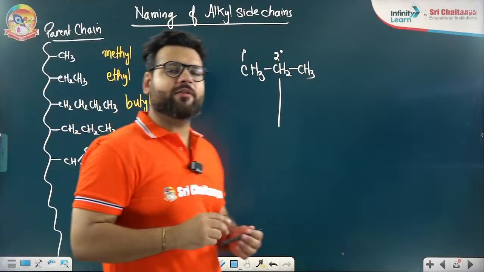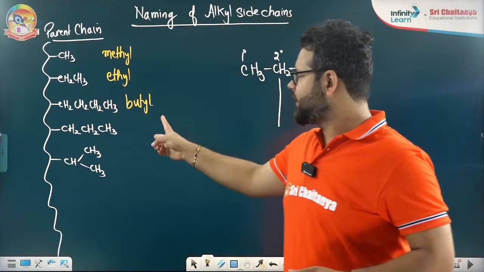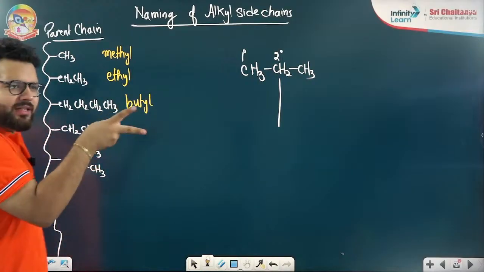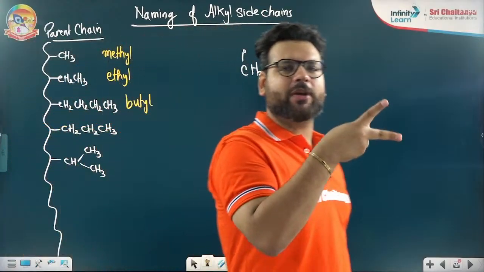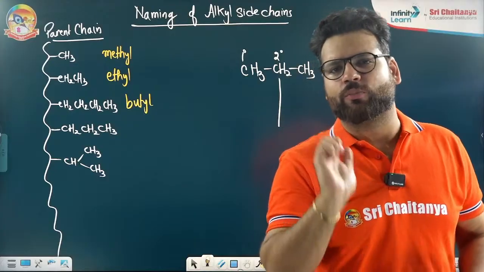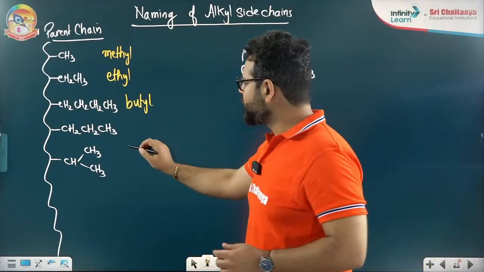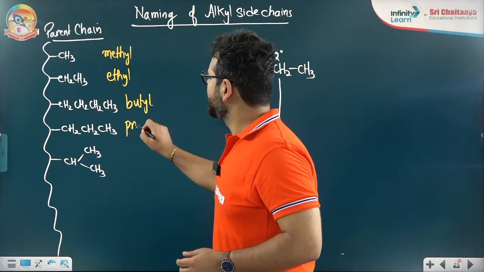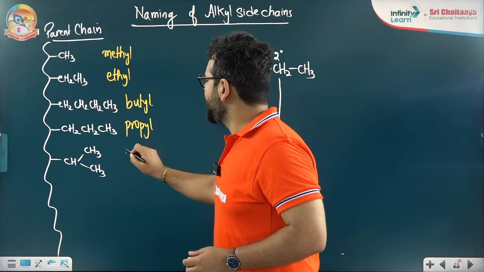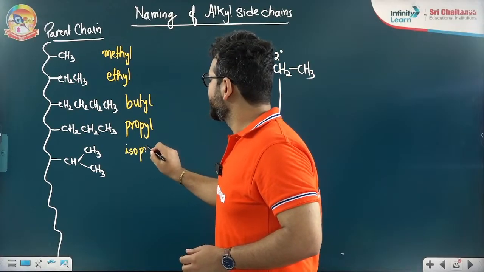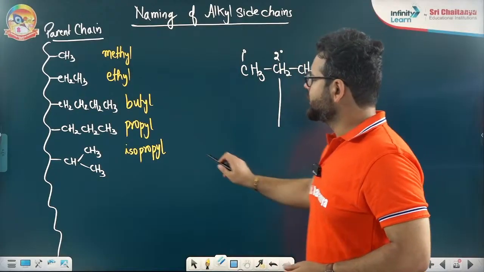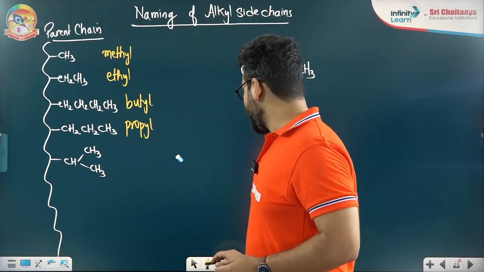So it will become CH(CH3)CH3. Remember it, whenever you see a V shape like this, CH attached to 2 methyls, this V shape is called the iso group. So this propyl will be called isopropyl. The first one is just a normal propyl, and the second one is isopropyl, an important one.